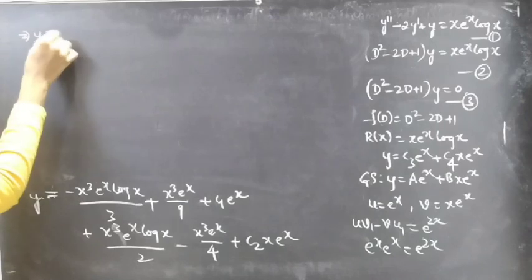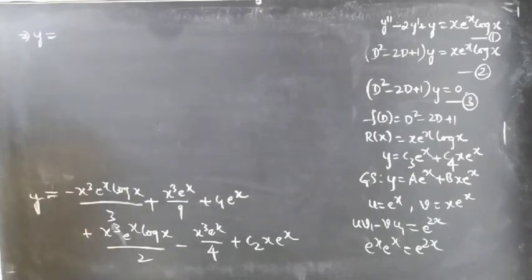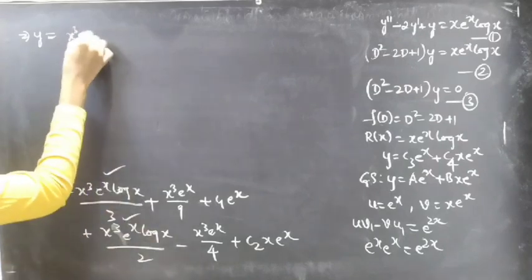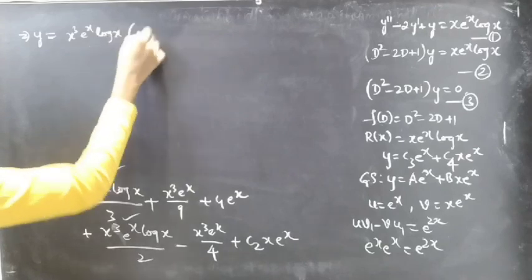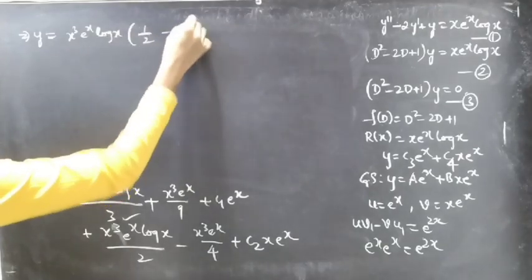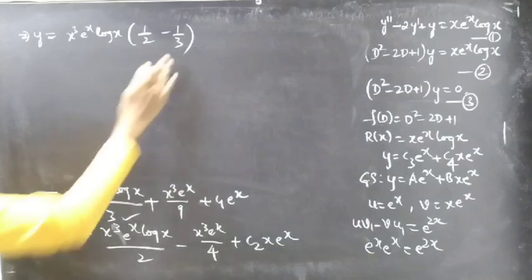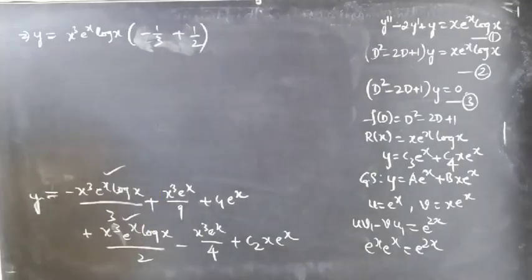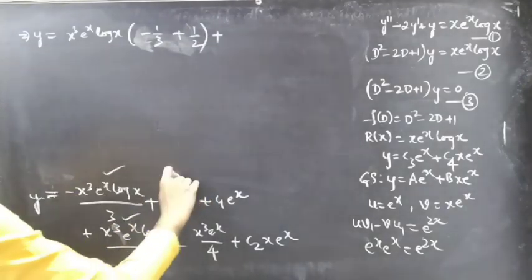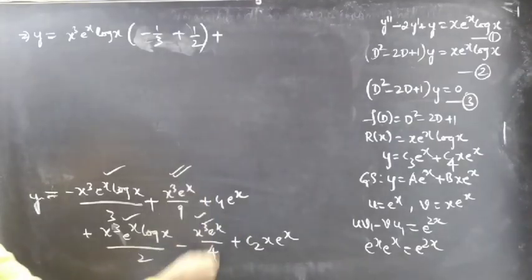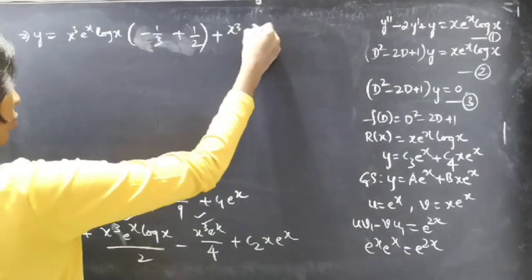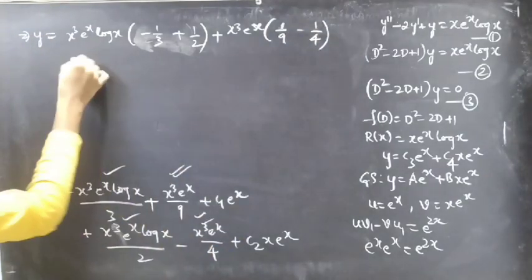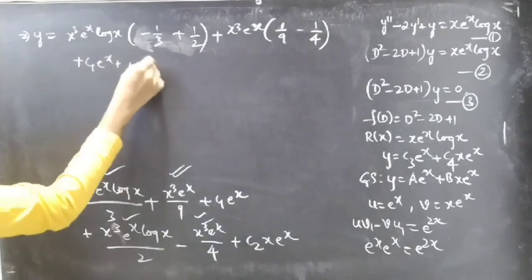This gives us y equals, now take x cube e power x log x from these two terms, we'll get x cube e power x log x of 1 by 2 minus 1 by 3, right? Or just write it as minus 1 by 3 plus 1 by 2, plus take x cube e power x common from these two terms, we'll get x cube e power x of 1 by 9 minus 1 by 4, plus c1 e power x plus c2 x e power x.